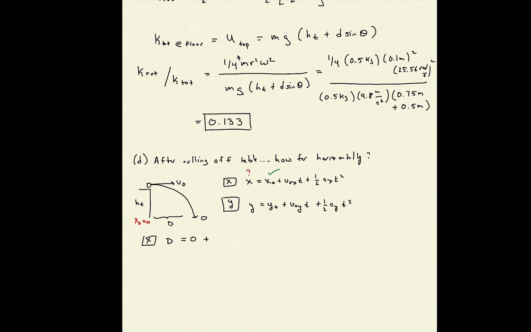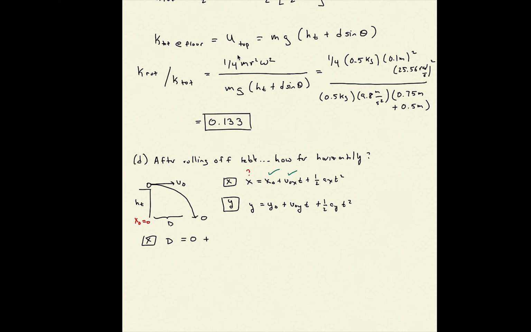Its initial velocity in the x direction, that's more interesting. This is really the initial velocity of the center of mass of the cylinder in the x direction. Because in the past, when we talked about velocity, we'd never said it, but we were always really talking about the velocity of the center of mass of the object. We just considered the whole object to be at the center of mass, basically. So we know v naught x.